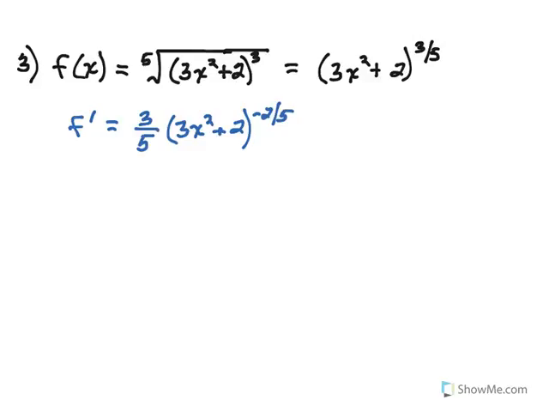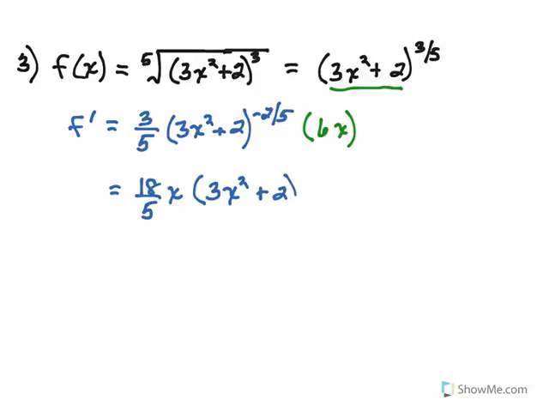So now we want to go inside, and we're going to multiply by the derivative of the 3x squared plus 2. So that would be 6x. Again, we can simplify it just to make it look nice. So we could say it's 18 over 5x. And we can leave that quantity as raised to a negative exponent.